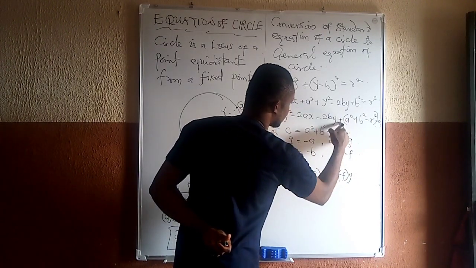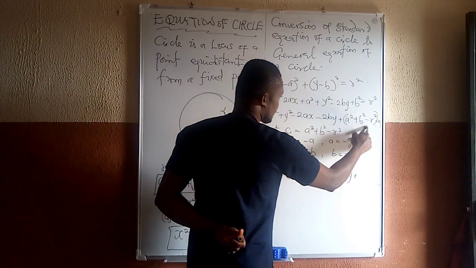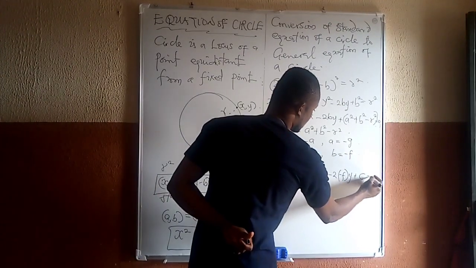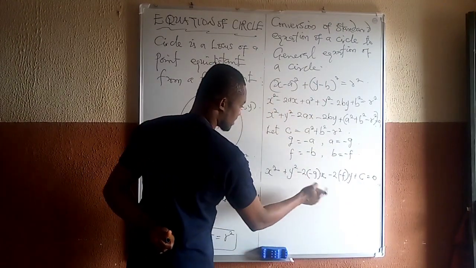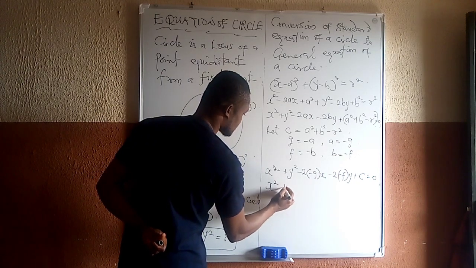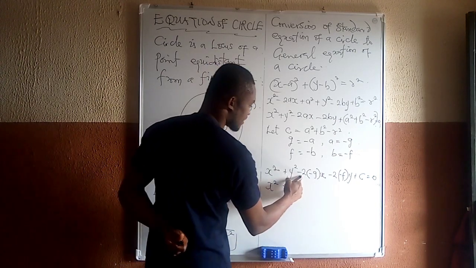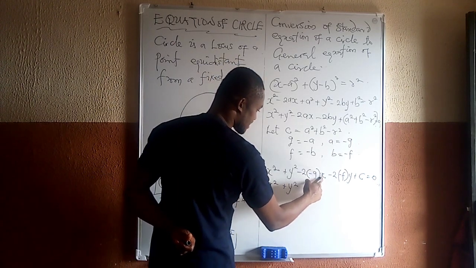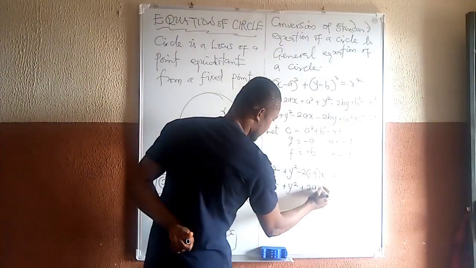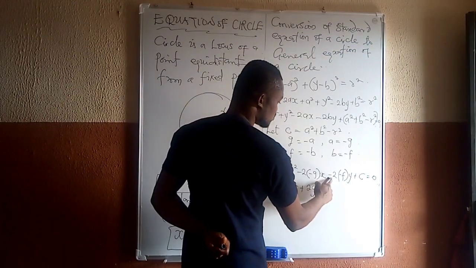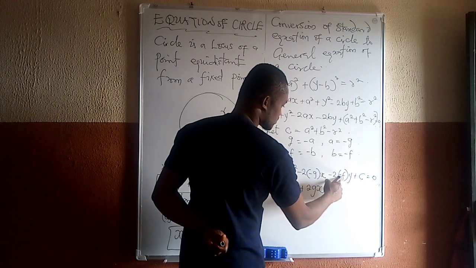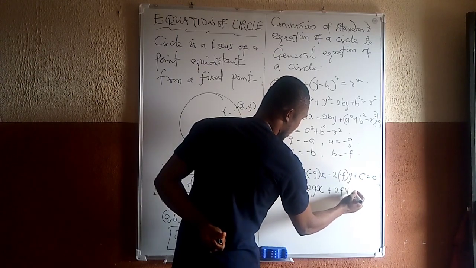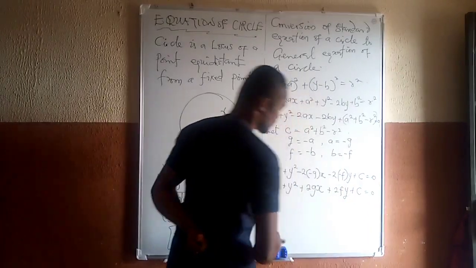times y. Then plus, you remember we said we are going to replace this with constant c, equal to 0. Now if we simplify this, we have x squared plus y squared minus 2 times minus g will give us plus 2g times x, and minus 2 times minus f will give us plus 2f times y, plus c equal to 0.